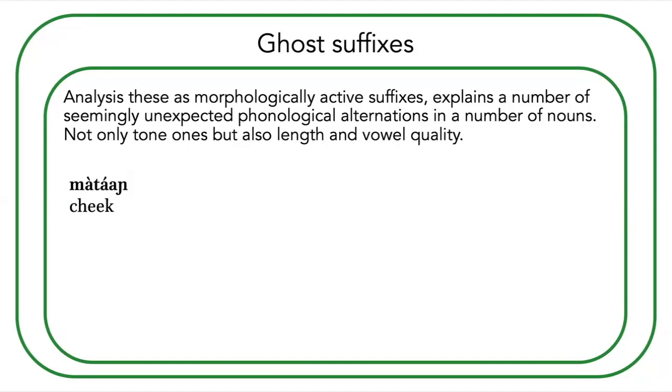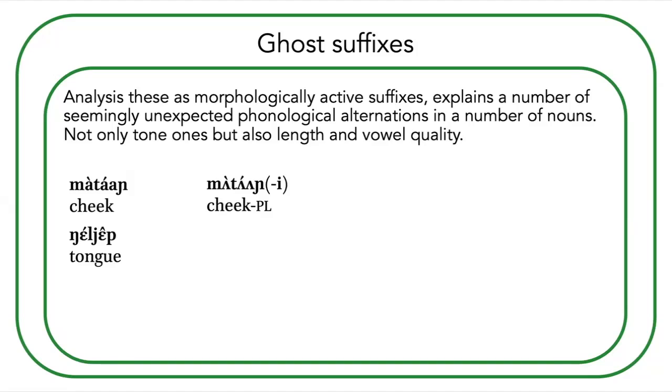So I have here the example of the word for cheek, matañ, which in the plural changes ATR specification, but doesn't change in tone or length. And if we apply the diagnostic tests, we see that it actually has a ghost segment, E, which is specified for plus ATR, and hence changes the ATR specification of the rest of the word.